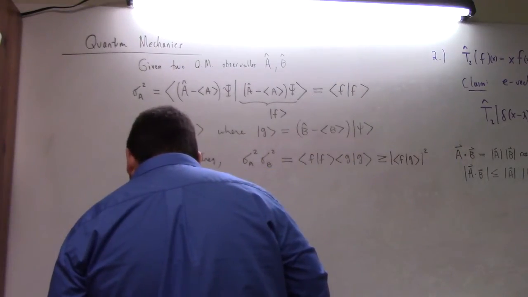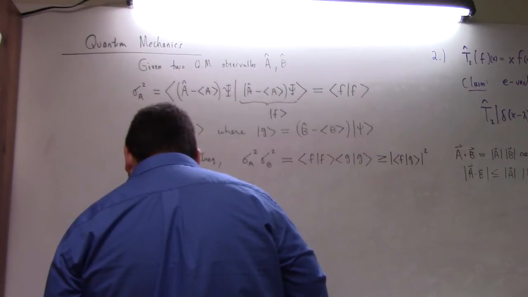Now, the complex inner product is generally a complex number, right?